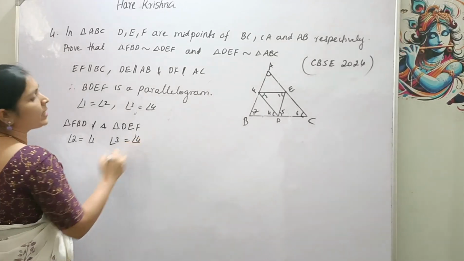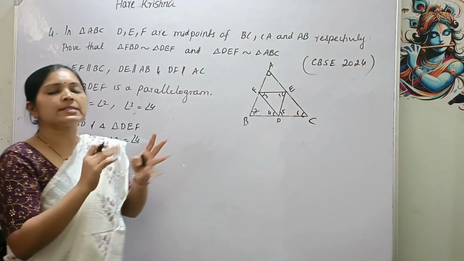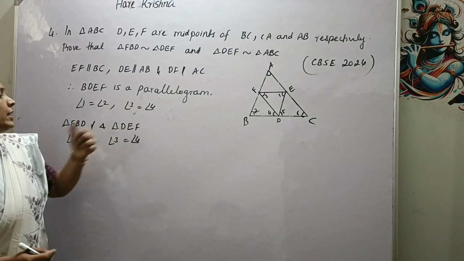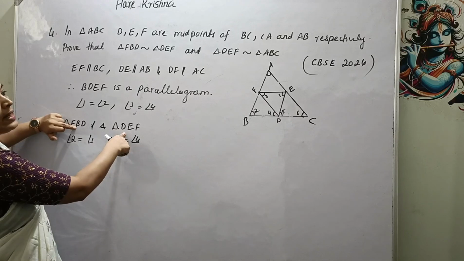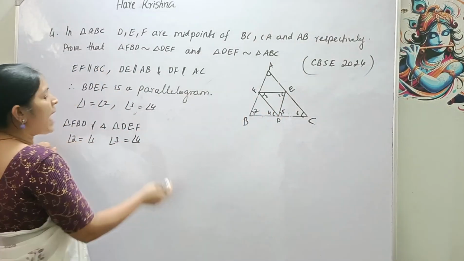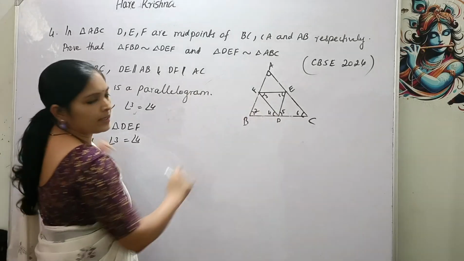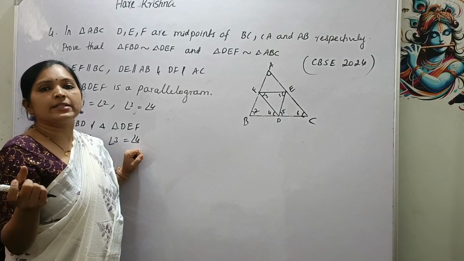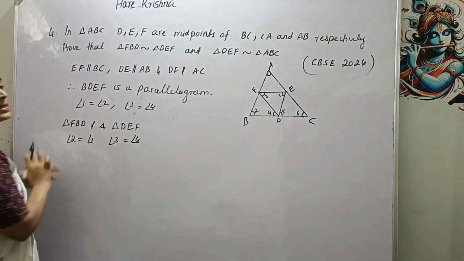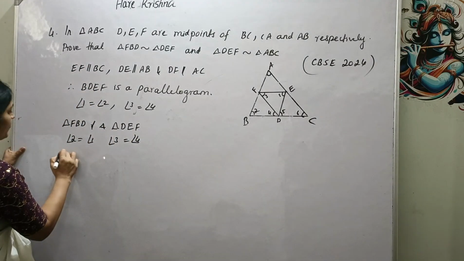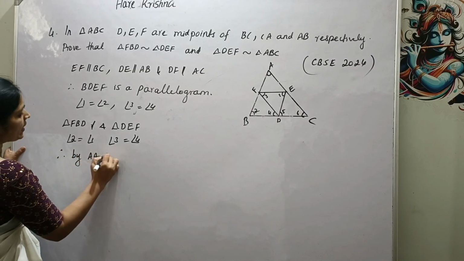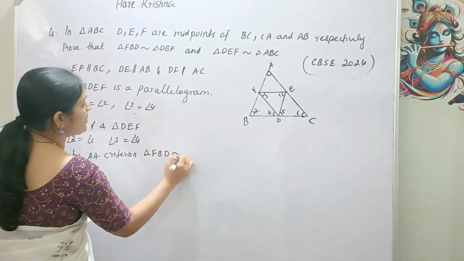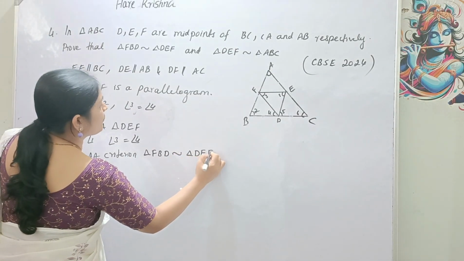So here two angles are equal. In triangle FBD and triangle DEF, angle B is equal to angle E and angle F is equal to angle D. Right? That is angle 3 is equal to angle 4. So by AA criterion, these two triangles are similar. Therefore, by AA criterion, triangle FBD is similar to triangle DEF.